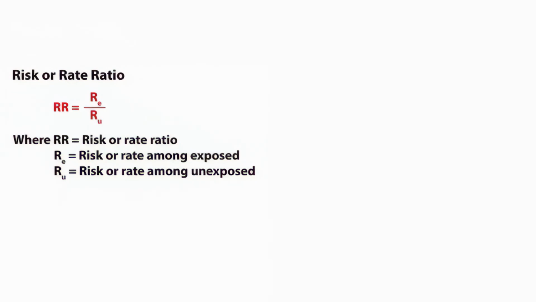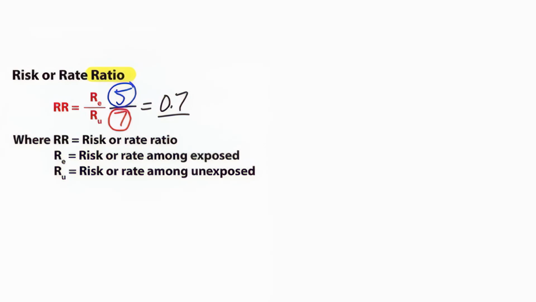Now, what if the study outcome is the same, but we decide to use a rate or risk ratio instead of a rate or risk difference? In this case, the equation is RE divided by RU. When we do this, the rate or risk ratio is 5/7, or 0.7. So, the rate of adverse outcomes is less in the exposed than in the unexposed.